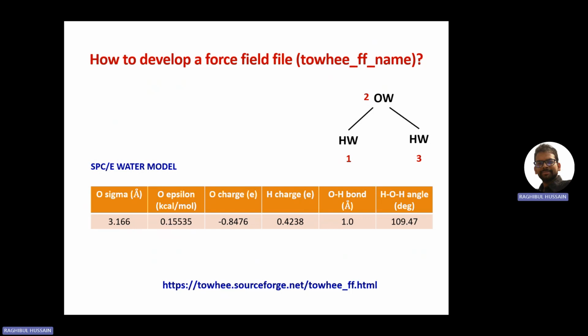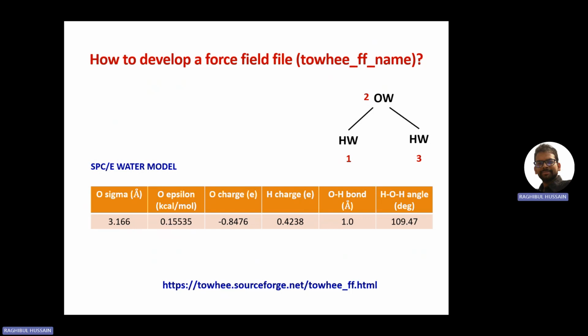But in the SPCE model, we do not have a K. It means the bond length is fixed. In this model, we do not have information about this K constant, which means the bond length is fixed. During the simulation, bond length will remain constant at 1 angstrom. Similarly, we have U theta, which is K theta times theta minus theta naught, whole squared.